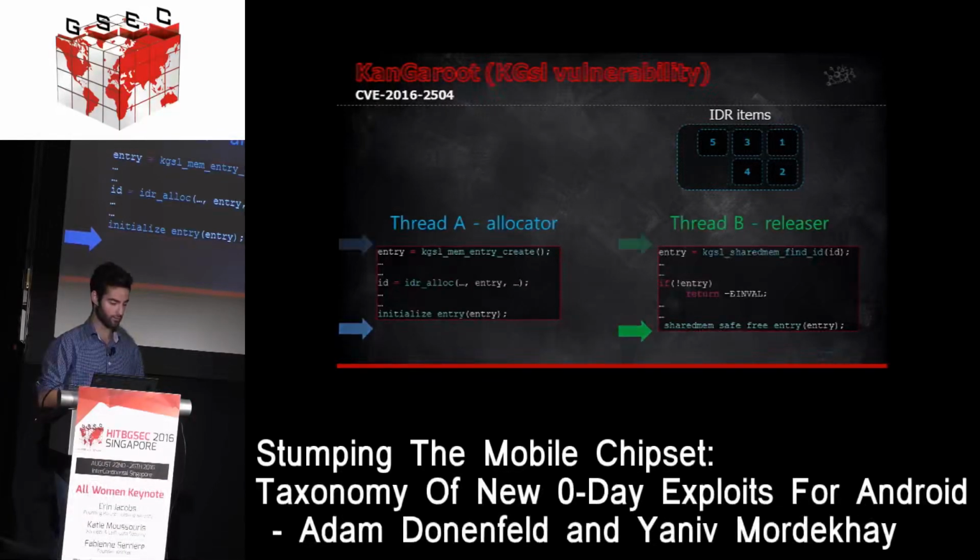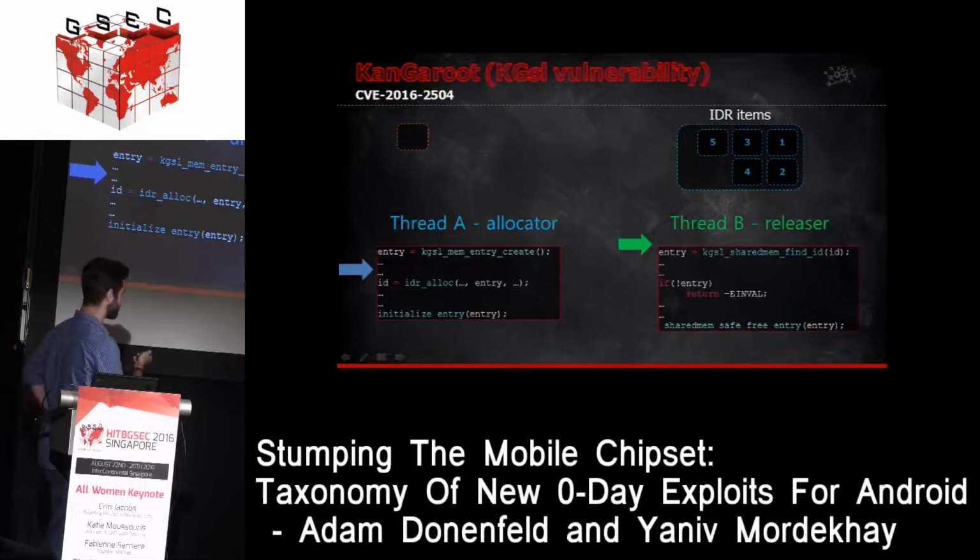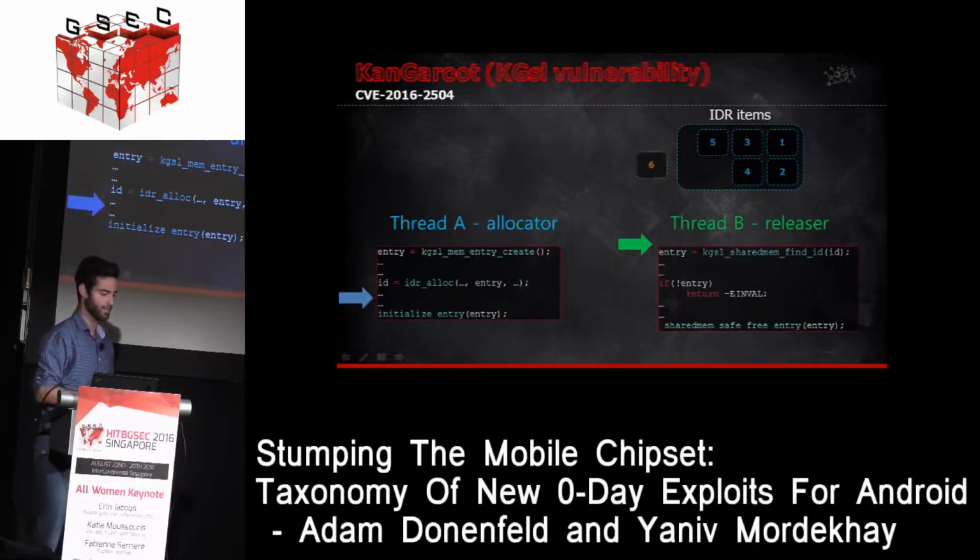Now, obviously, it's a matter of context switching. What happens if thread A allocates data, and we know that our last object was number 5, so this will, for 100%, be number 6, because that's how IDR works. Once we associate it with an IDR number, it is inside the IDR items, and it can therefore be referenced.